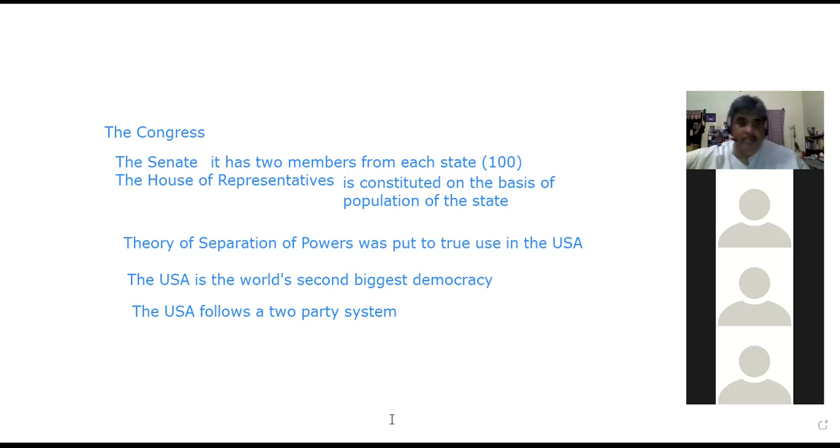Now let's examine each of these. The theory of separation of powers was put in the USA. Okay.